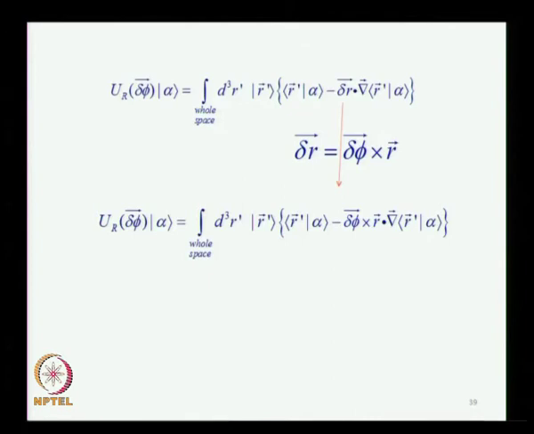We have already seen that. So we insert this equivalent term delta phi cross r over here, and here you see a scalar triple product. This is a triple product of delta phi, r and del, the gradient of this function, right. And in a scalar triple product you can always interchange the dot and the cross.